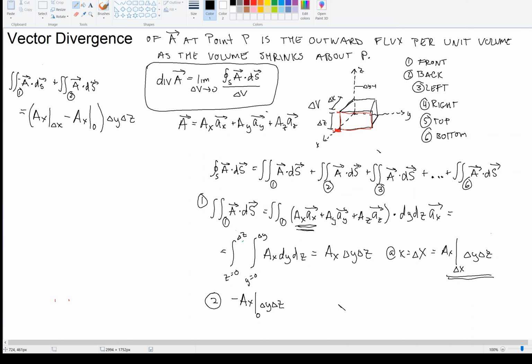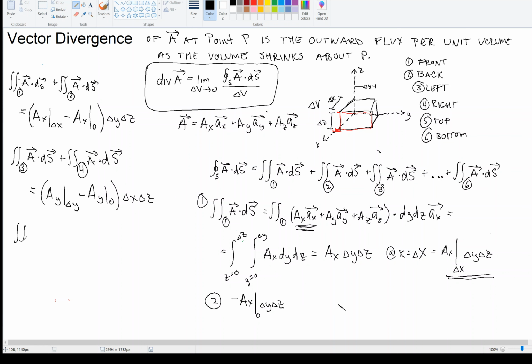Okay, now we're going to make the leap, and instead of showing you the details of surfaces 3, 4, 5 and 6, we're just going to say, similarly, when you take 3 and 4, which are parallel to one another, you get AY evaluated at delta y minus AY evaluated at 0 times delta x delta z.